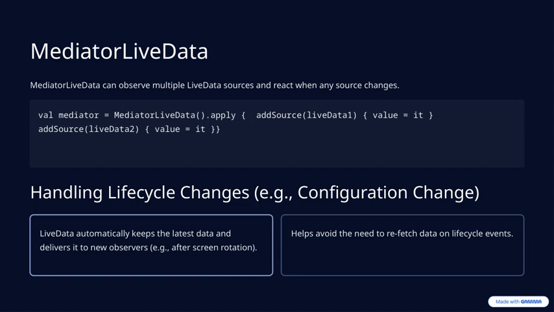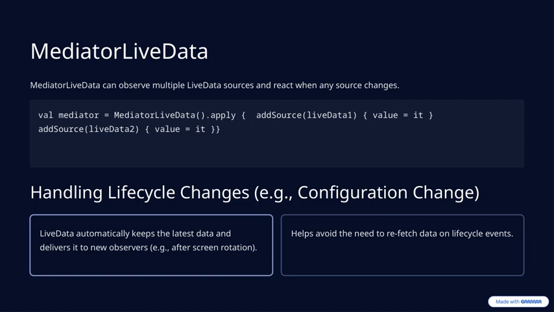Now, moving on to handling lifecycle changes, like configuration changes, such as when the device rotates. LiveData has a built-in advantage here. It automatically keeps track of the latest data it has received and ensures that any new observers, like after a screen rotation, get that latest data immediately.